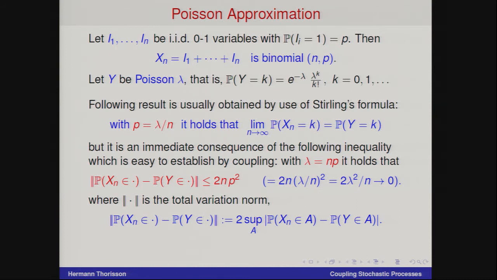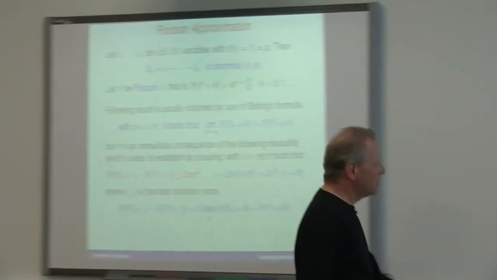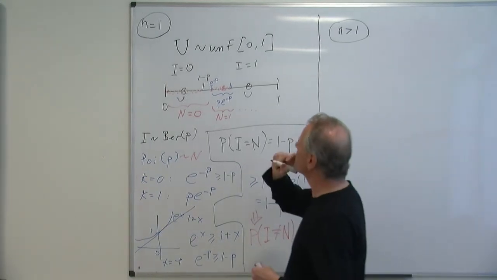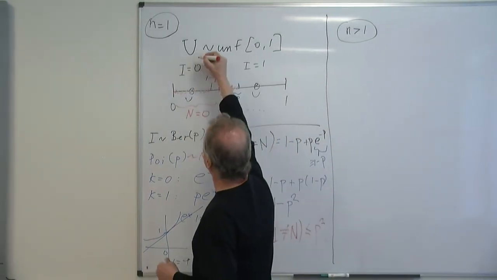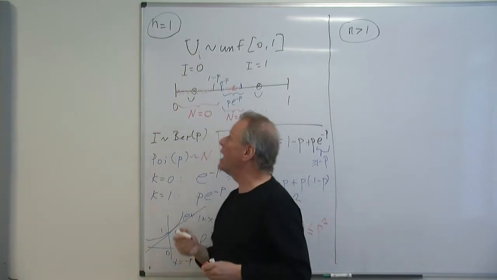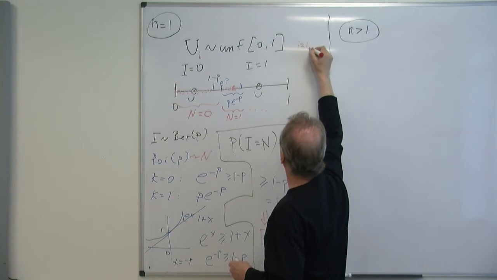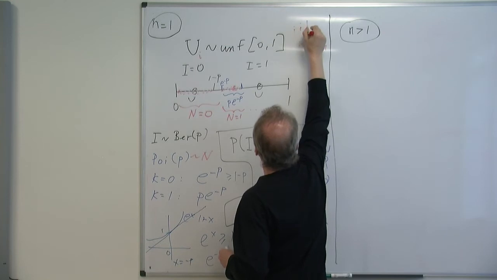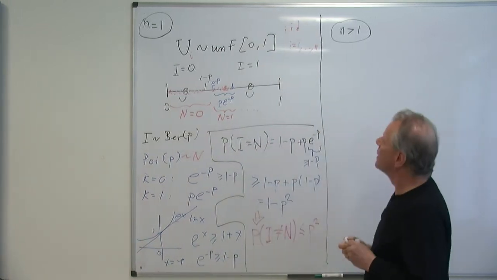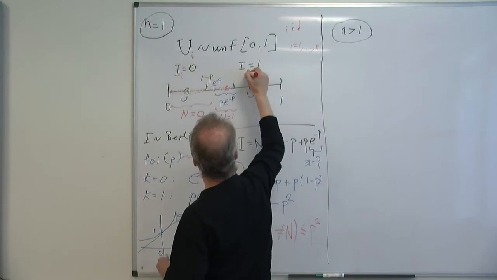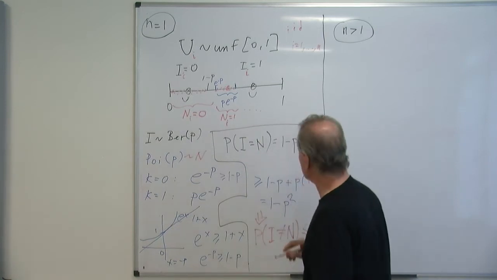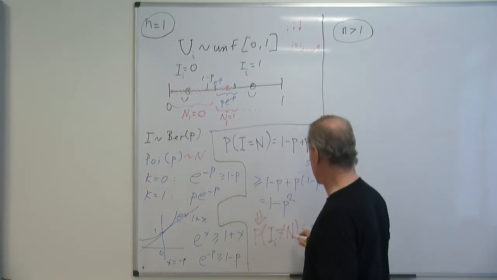Now let's establish this for general n. That is easy. So what we do is we take n IID uniforms. Create this coupling for each of them, and end up with this.